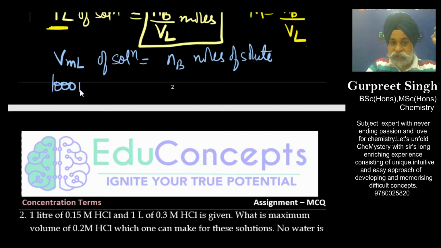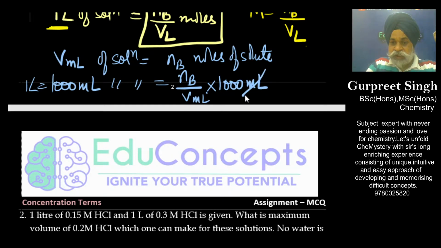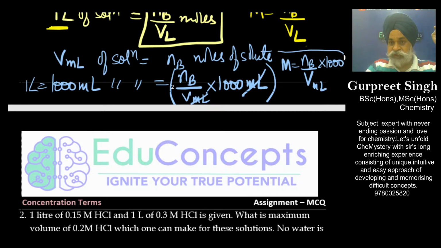So if I take it in milliliters, 1000 ml of this solution, because it makes 1 liter, would contain n upon V ml into 1000 ml. So this ml goes out and the answer we get is the number of moles. So molarity would be number of moles of solute upon volume of solution. If it is in milliliter, it is to be multiplied with 1000. So this also is molarity.